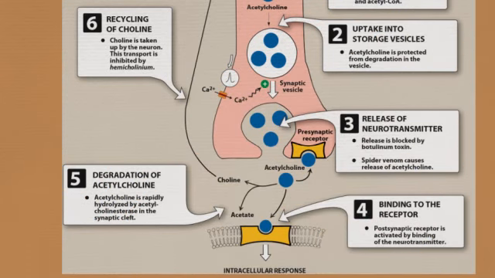You can see in this figure that the calcium is entering the axon, and as a result it causes the fusion of these vesicles with the presynaptic membrane of the cholinergic neuron. When the acetylcholine molecules are released into the synaptic cleft, they diffuse and bind with their specific receptors, the acetylcholine receptors, which you can see on the postsynaptic membrane and also on the presynaptic membrane. So they are known as postsynaptic and presynaptic receptors.